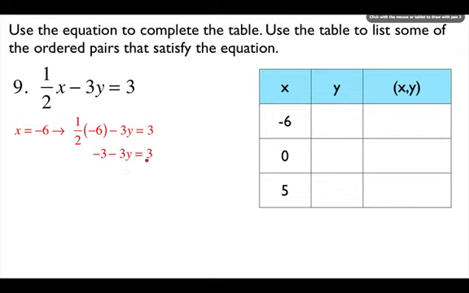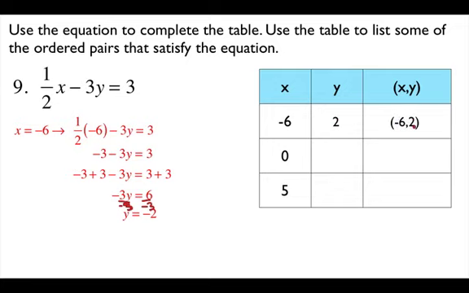I am going to solve this equation, which means that I'm going to add 3 to both sides. I end up with -3y equals 6. Divide both sides by -3. Excuse me, -3. Funny looking 3, but you get the point. And I end up with y is equal to -2. It's there. So the ordered pair is -6, -2.